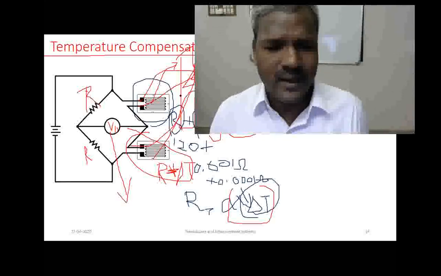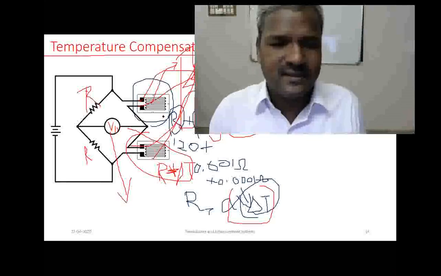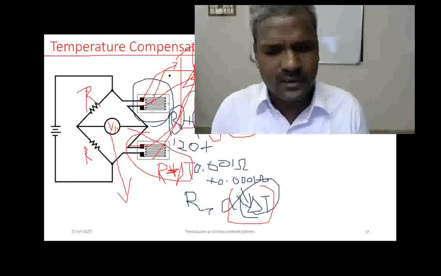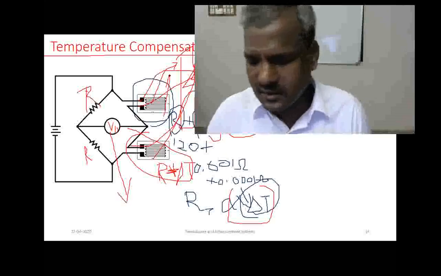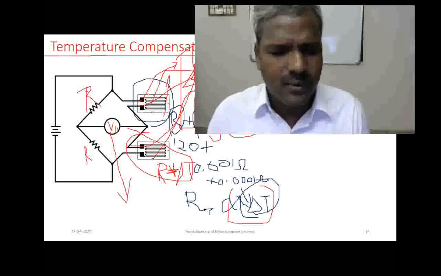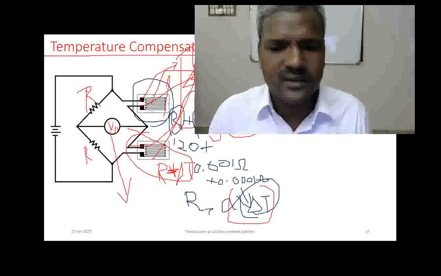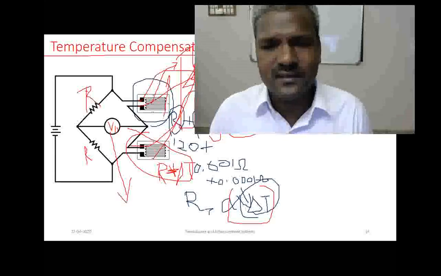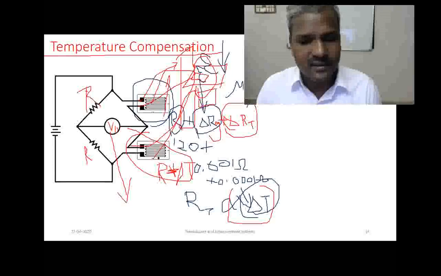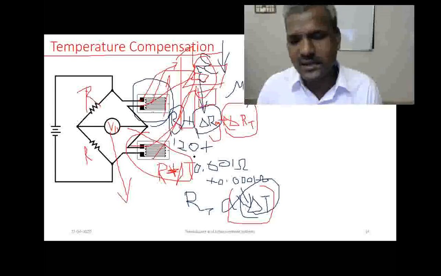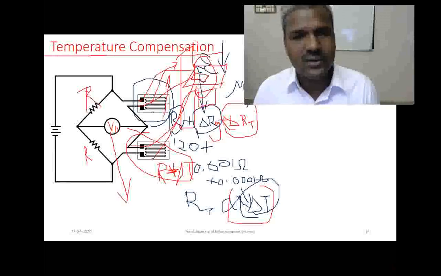Whenever the temperature increases, the first strain gauge increases its resistance due to the strain as well as temperature, but this second strain gauge senses only del T. So when you find the output voltage, these two cancel: this del RT and this del RT cancel.